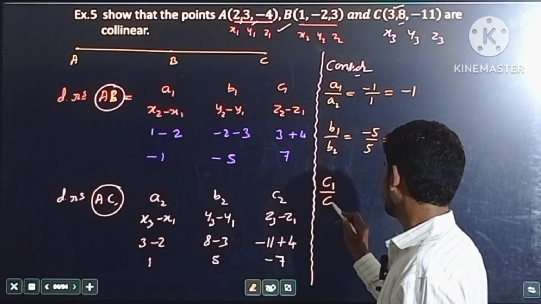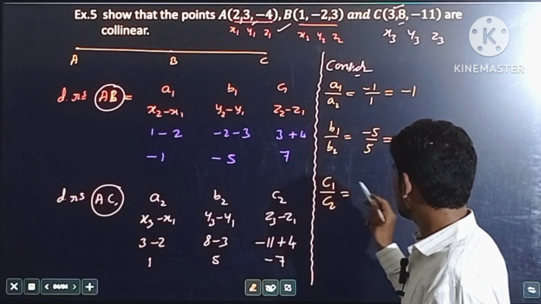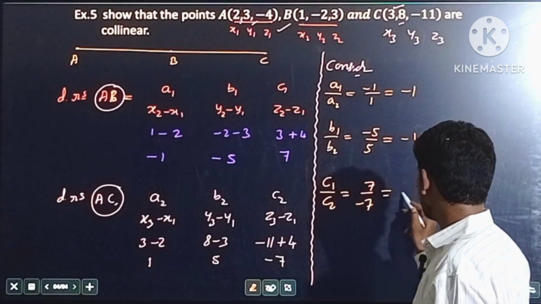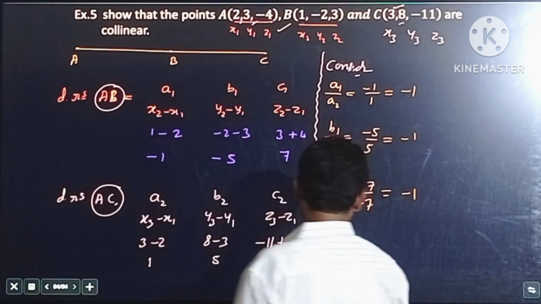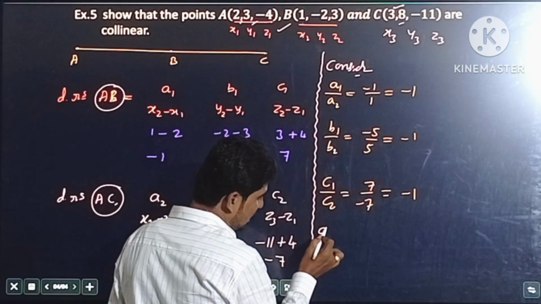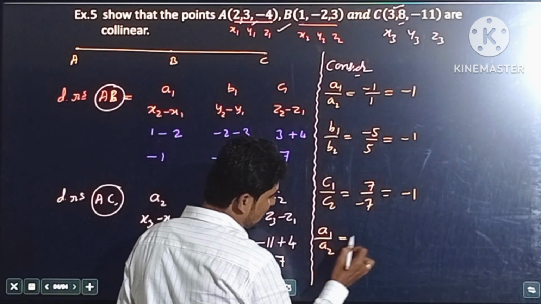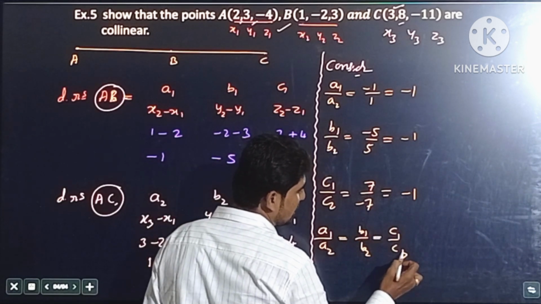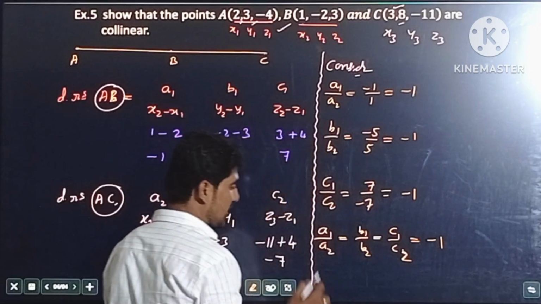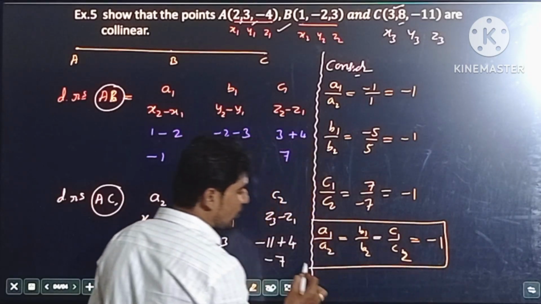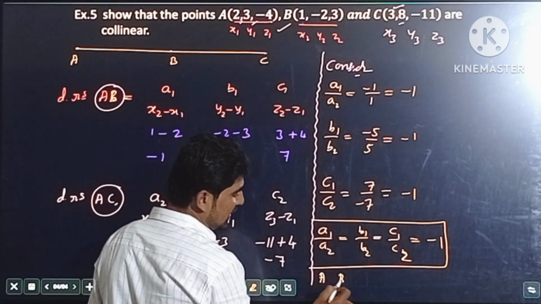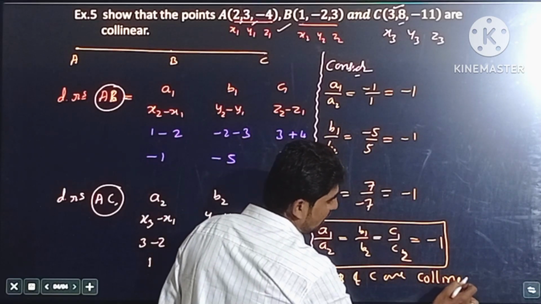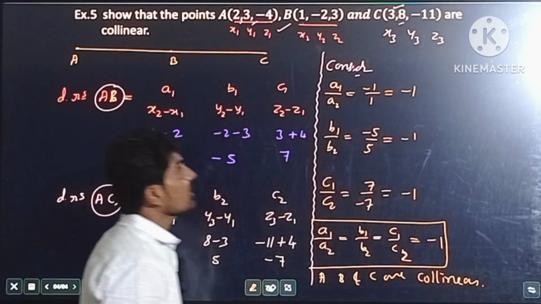Similarly C1 by C2: C1 is 7 divided by C2 which is minus 7, so minus 1. Finally we observed that A1 by A2 equals B1 by B2 equals C1 by C2, which equals minus 1. Therefore the given 3 points A, B and C are collinear. I hope all of you understood this.